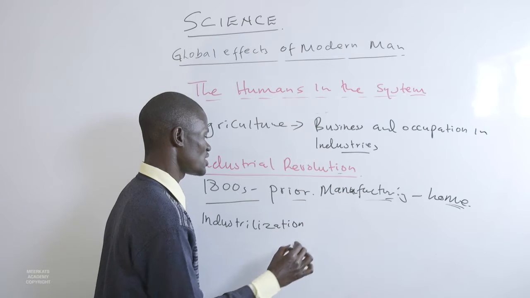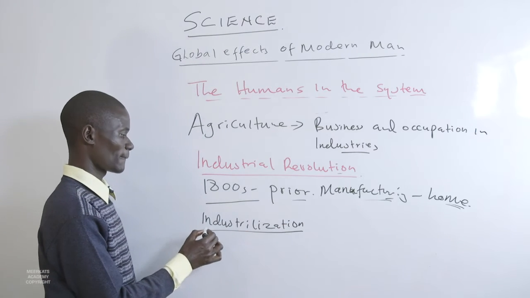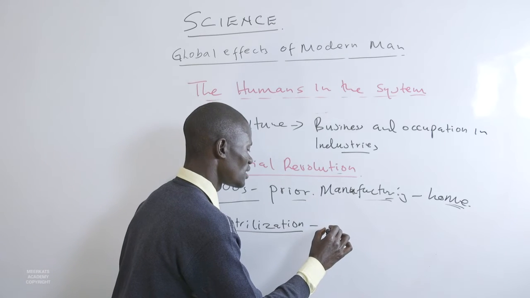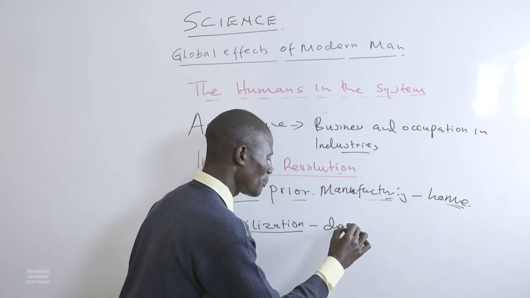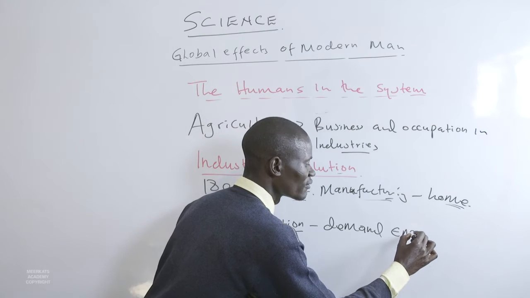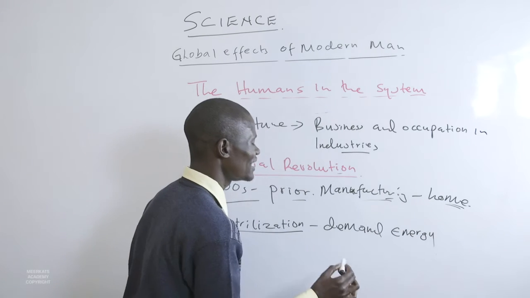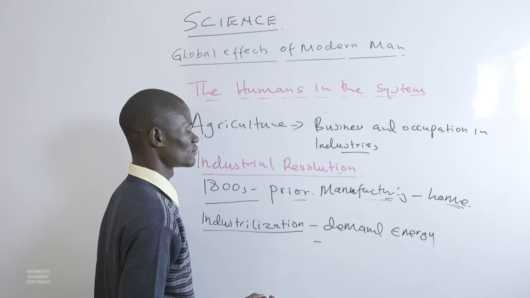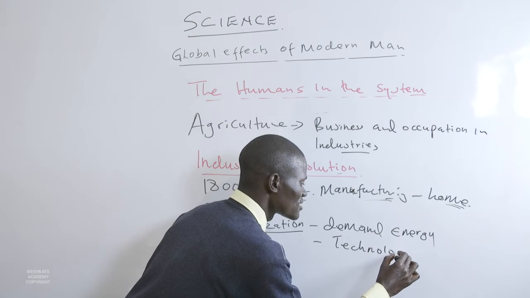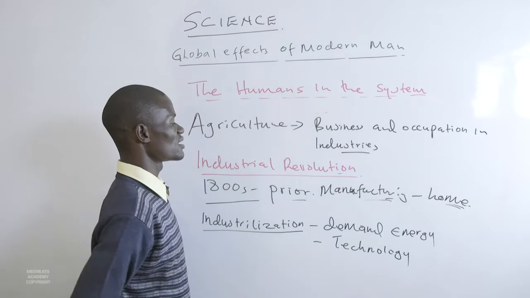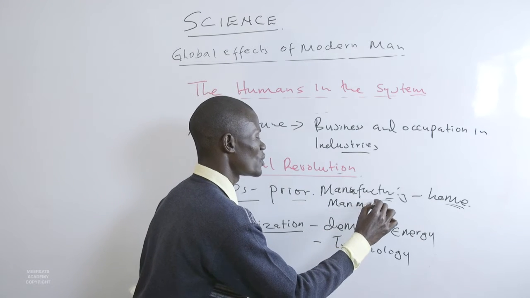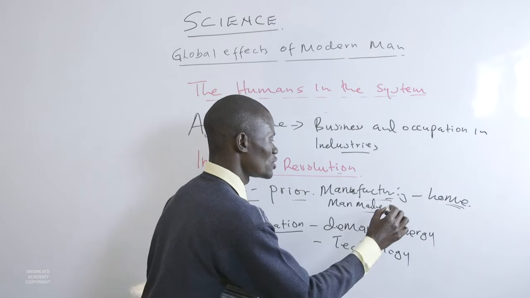When industrialization developed, it placed more demand on energy resources, more energy, and more sophisticated technology, because prior to that there were just man-made tools that could not harm the environment.